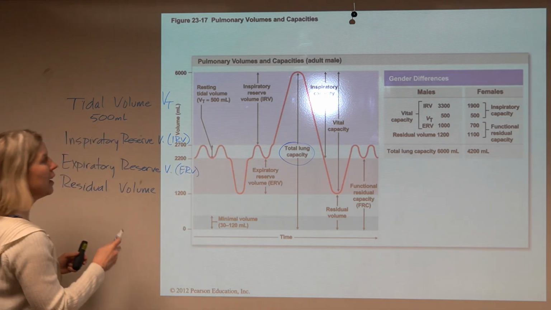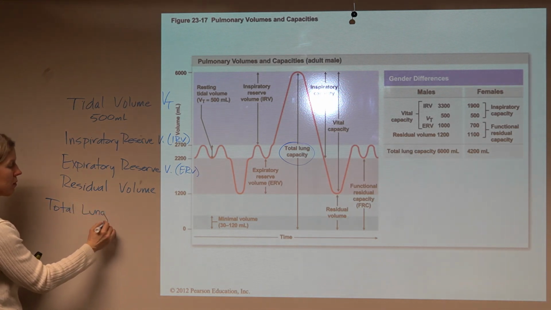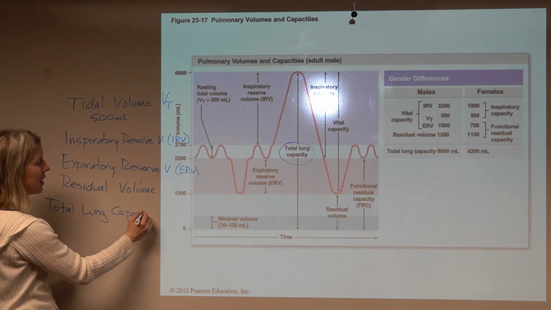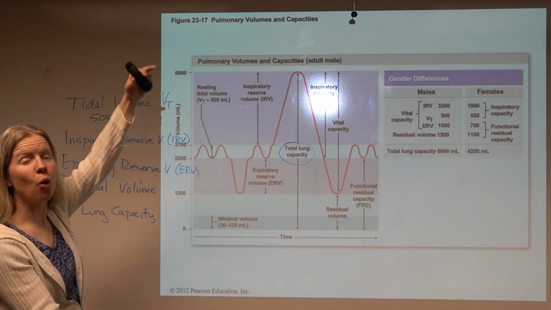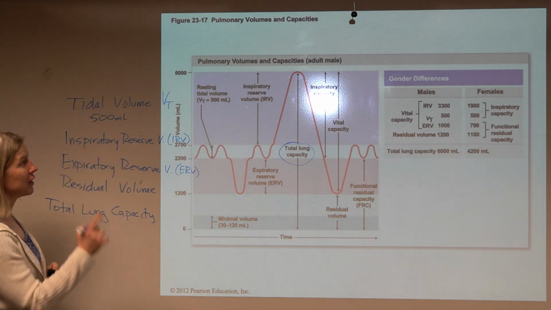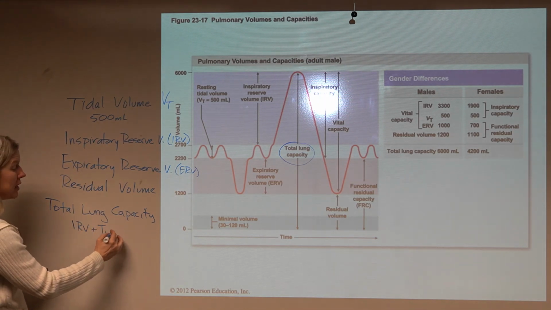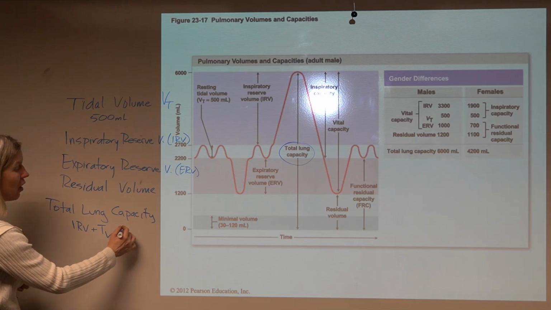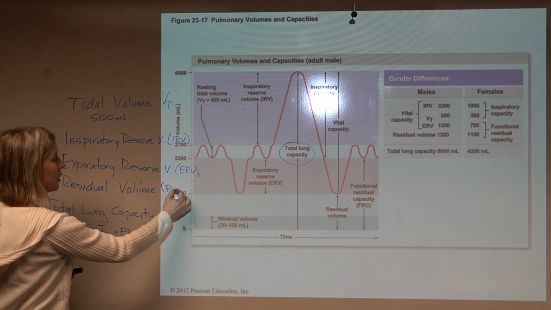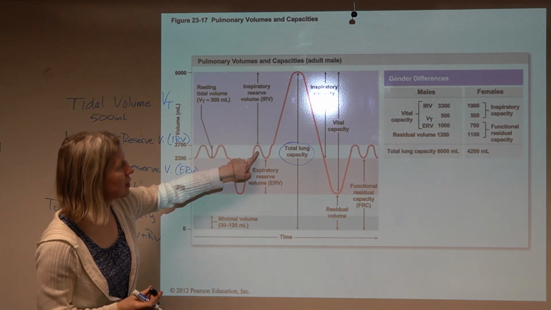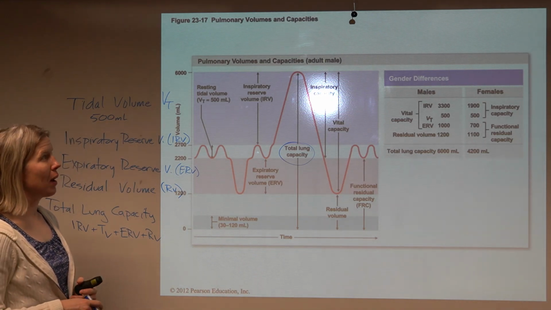So if you wanted to write that out, though honestly, it's more important to understand what it is, it's the total possible volume of air in the lung, but you could say it is IRV plus TV plus ERV plus residual volume. We just added all of these together.